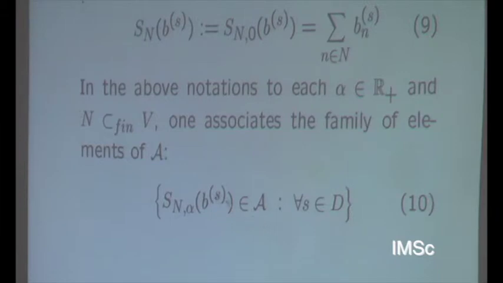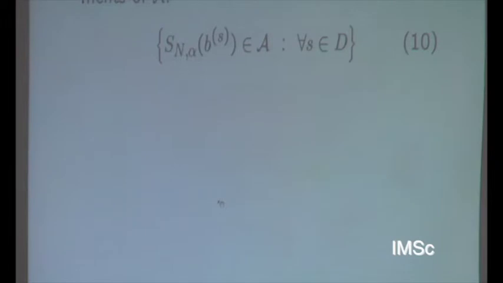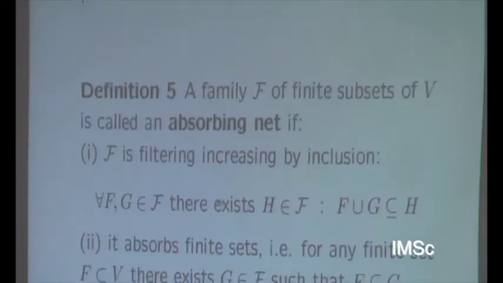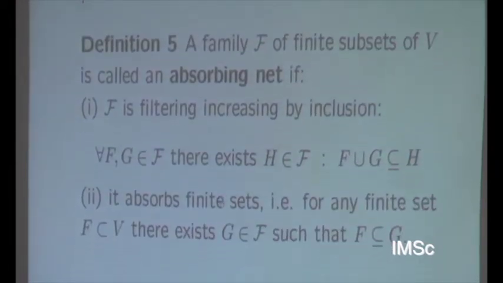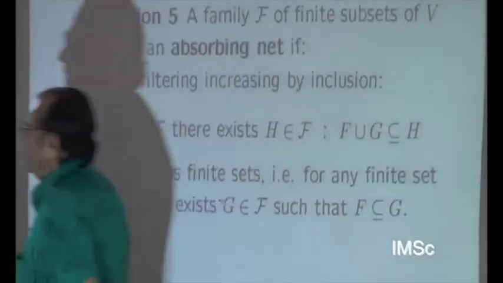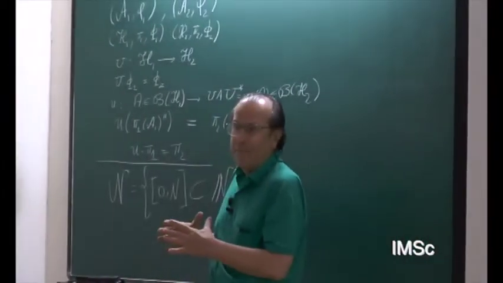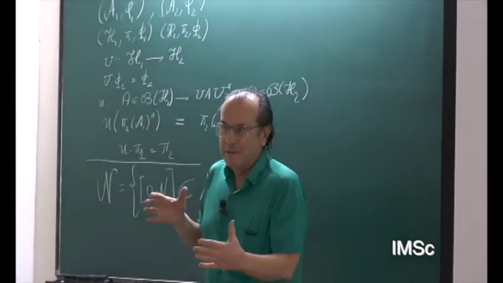This index is the index of the component of the vector-valued random variable. Now, the analog for a general subset or a graph of this will be a filtering increasing set.